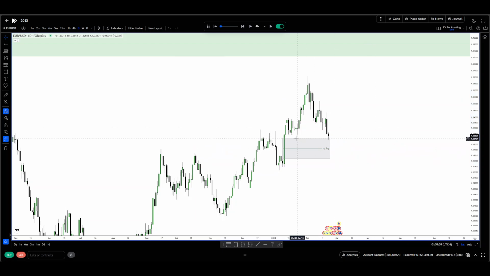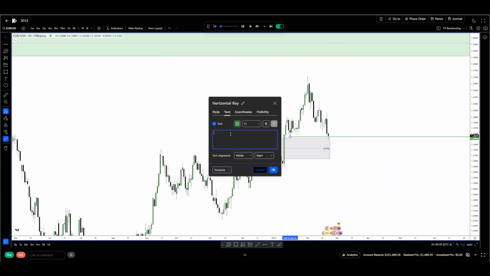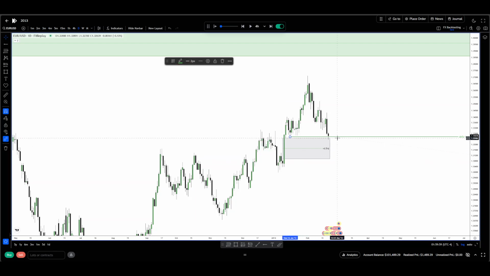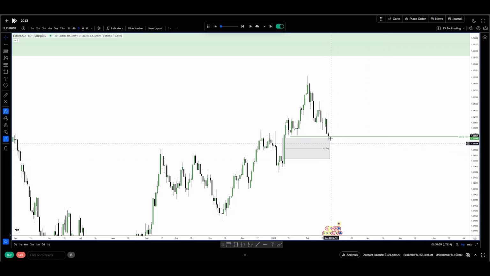So for today, we see this low taken. It's the last low. Okay, let's call this daily low, and visible on all time frames. So now we have the potential of a reversal or maybe consolidation because yesterday was a big day.